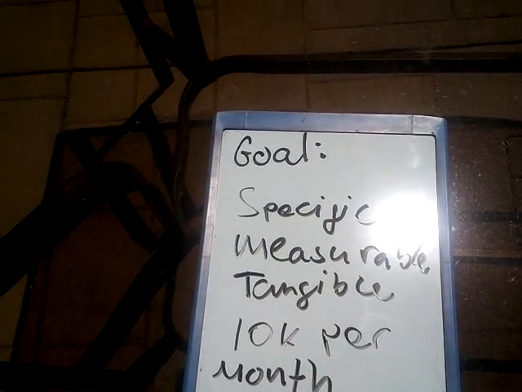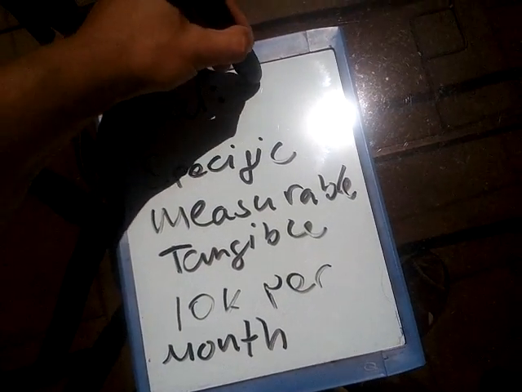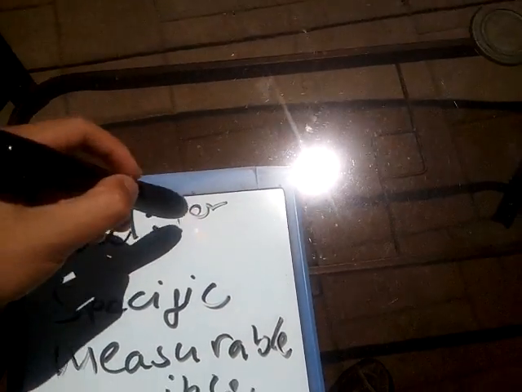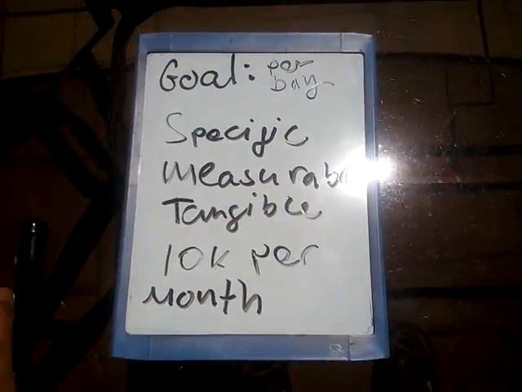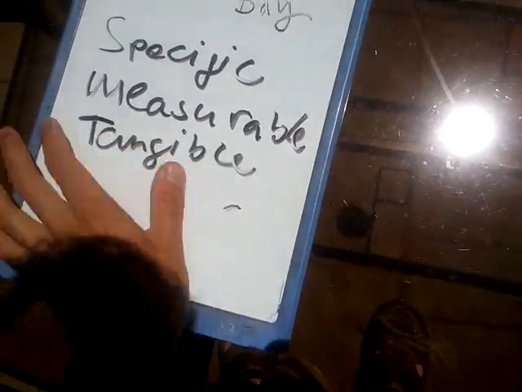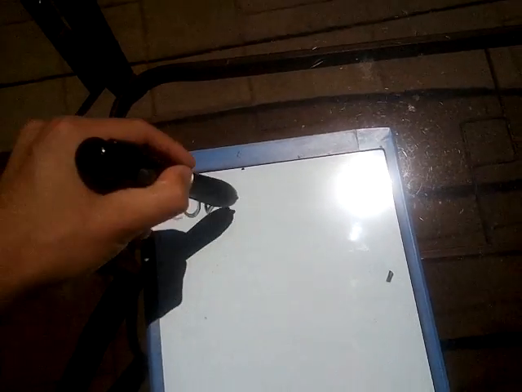What if you break that down per day? What does that do for you? Well, if you break down 10K per month, oh, isn't that awesome? You could just erase with your finger. I never knew that. Awesome little whiteboard.